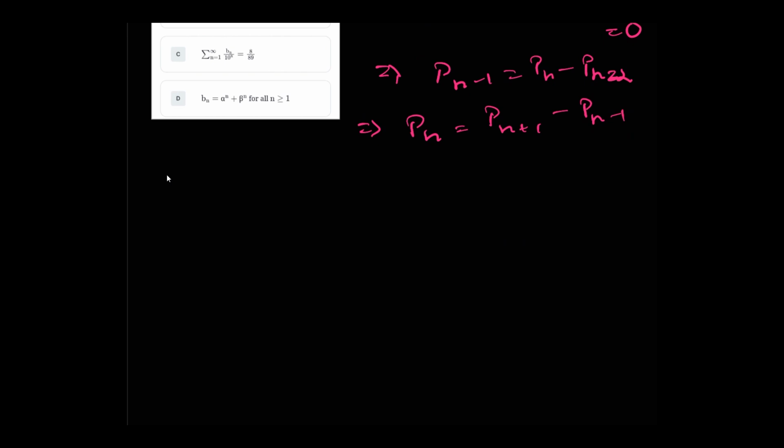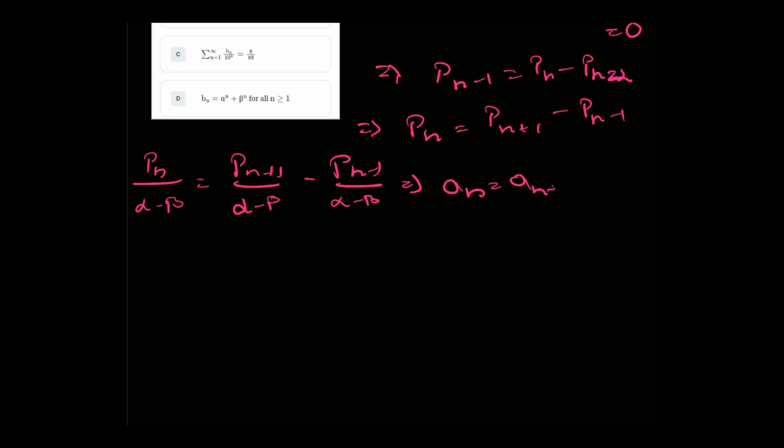Now from here, just divide it by alpha minus beta. We get Pn plus 1 by alpha minus beta minus Pn minus 1 by alpha minus beta. That implies An equals to An plus 1 minus An minus 1.